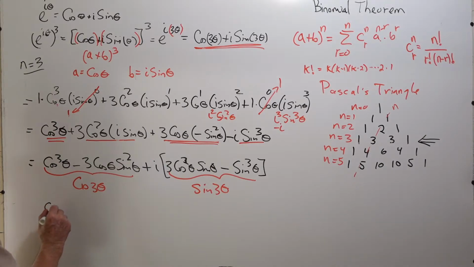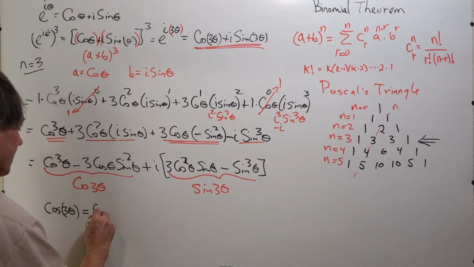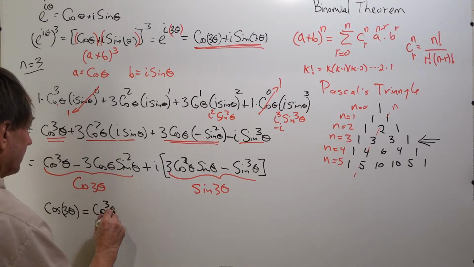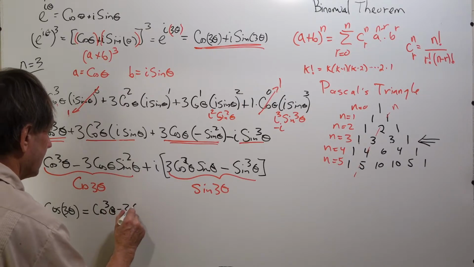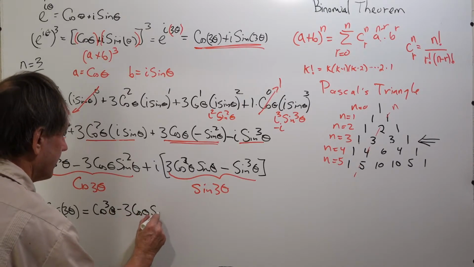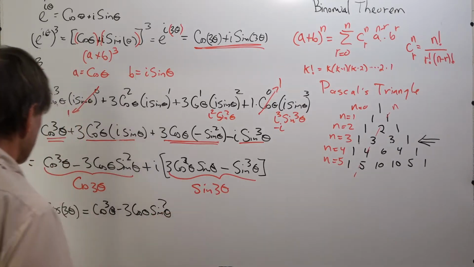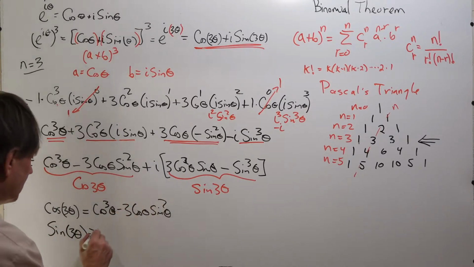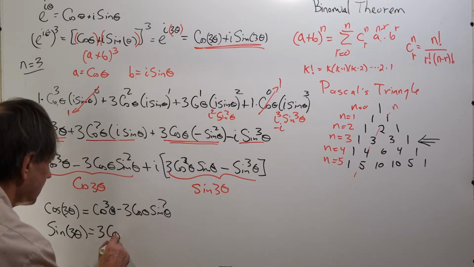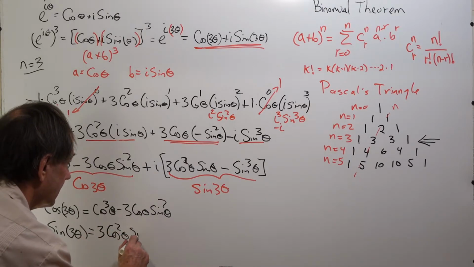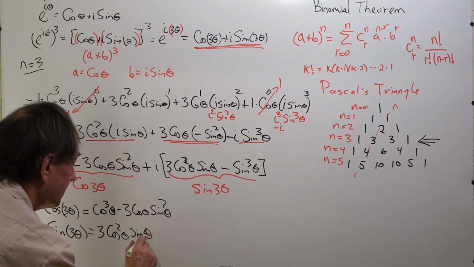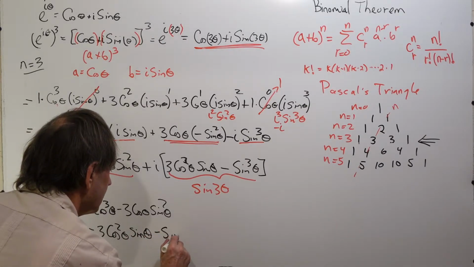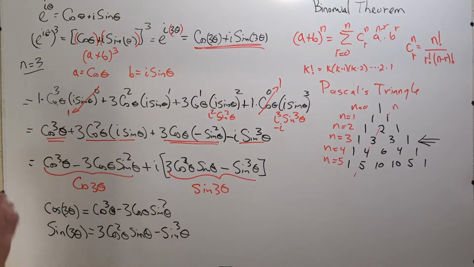We have that the cosine of 3 theta is equal to cosine cubed theta minus 3 times the cosine of theta sine squared theta. And from here we have the sine of 3 theta is equal to 3 times the cosine squared theta sine of theta minus sine cubed of theta.